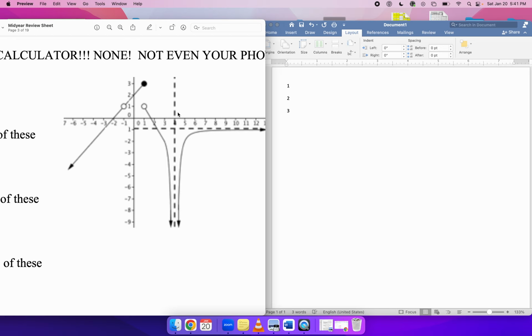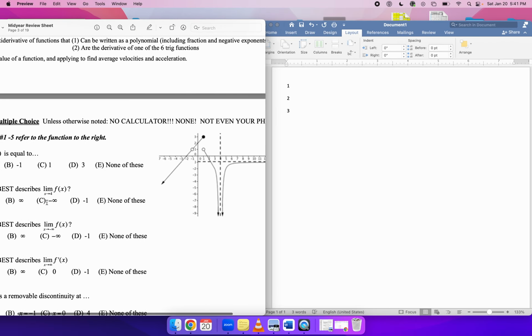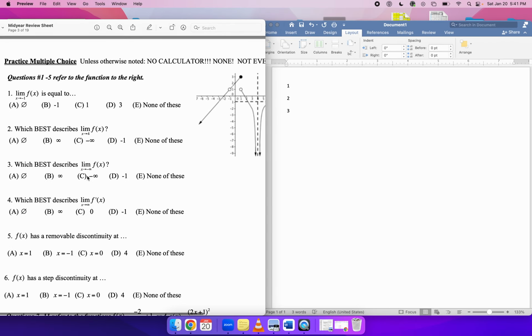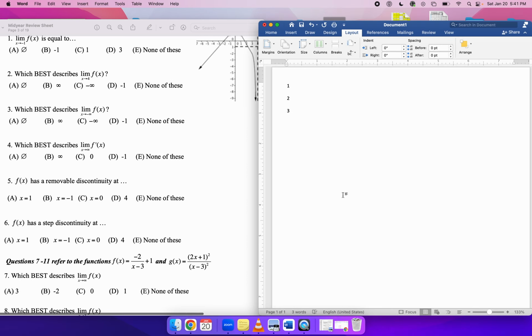Nope, that is not x approaching -infinity. X approaching -infinity means you're going way over here to the left. And as that occurs, as you go way over to the left, we can see that the value of the function is just getting to be a bigger and bigger negative number. So I would say that the answer is -infinity. So that would be C.